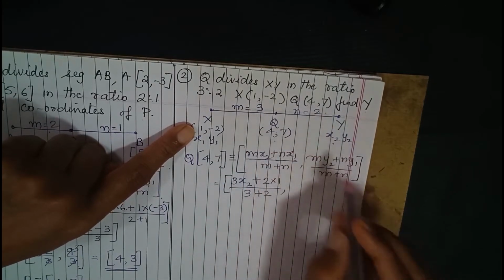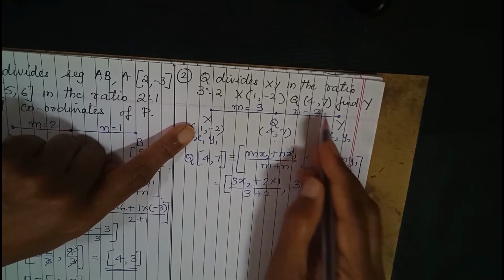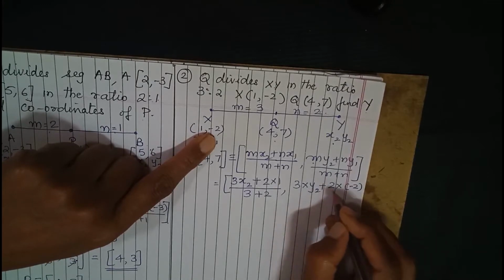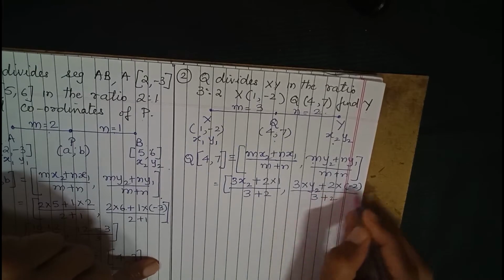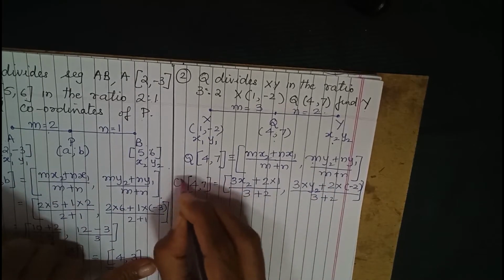Again, m is 3, y2 value we do not know. N is 2 and y1 is minus 2 upon m plus n, which is again 3 plus 2. So now here we have (4, 7), which is the point Q.